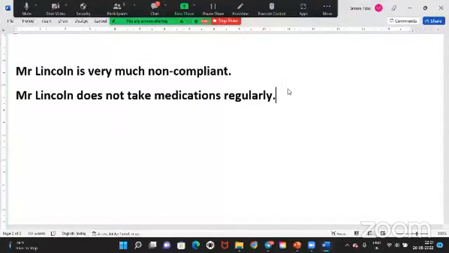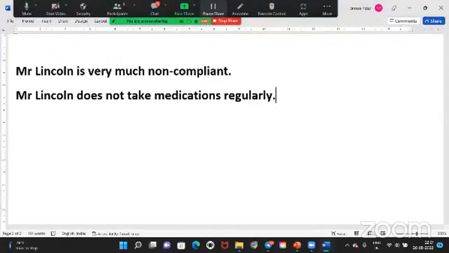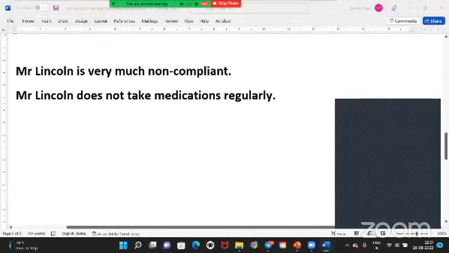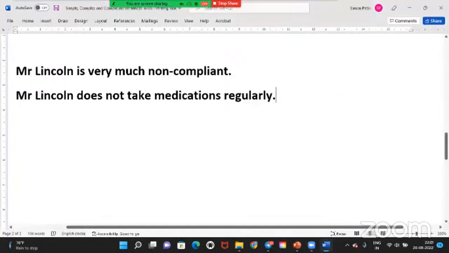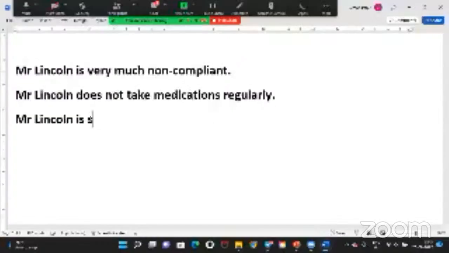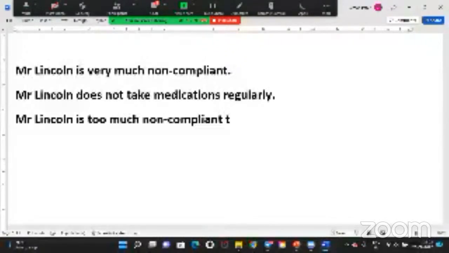So, just as simple as that. Now let us see here. Mr. Lincoln is so much, sorry, too much non-compliant to take medications regularly.